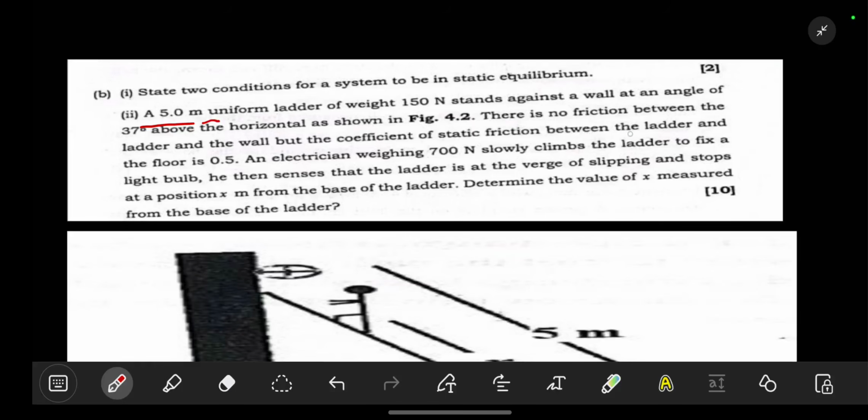There is no frictional force between the ladder and the wall, and the coefficient of static friction between the ladder and the floor is 0.5. An electrician weighing 700 newtons slowly climbs the ladder to fix the light bulb. He then senses that the ladder is at the verge of slipping and stops at position X from the base of the ladder. Determine the value of X measured from the base of the ladder.